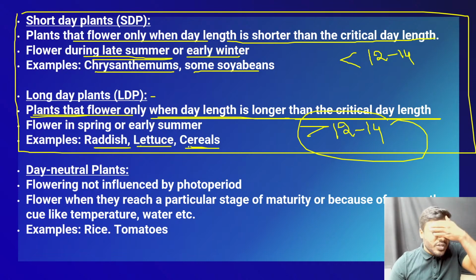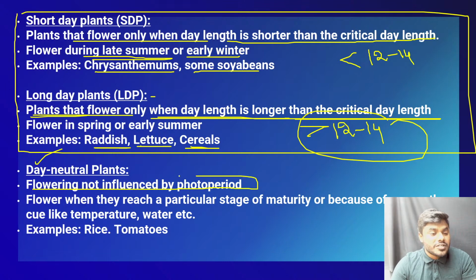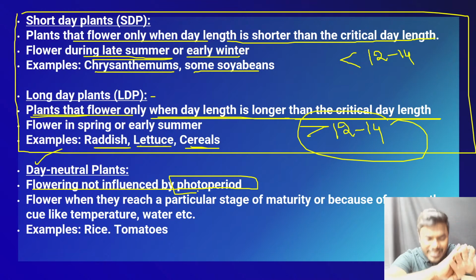Now friends, what is the unique characteristic here? Day neutral plant. What is the speciality of the day neutral plant? Its flowering is not at all influenced by the photoperiod, which means whether the critical day length is more than 12 to 14 hours or less than 12 to 14 hours, it doesn't matter.